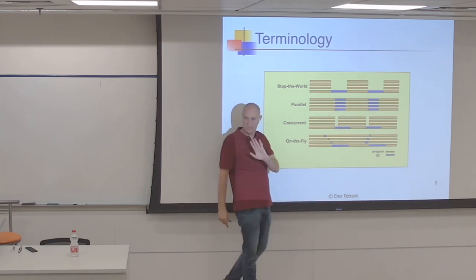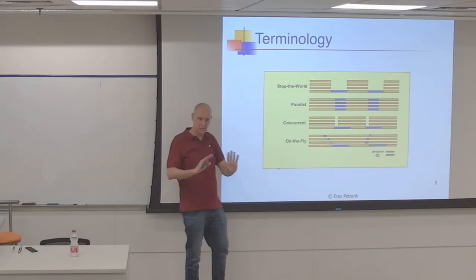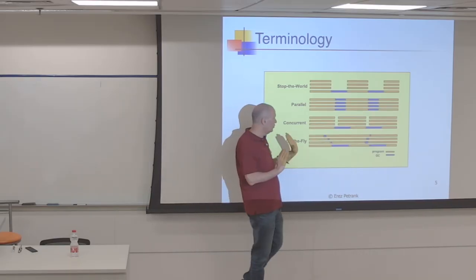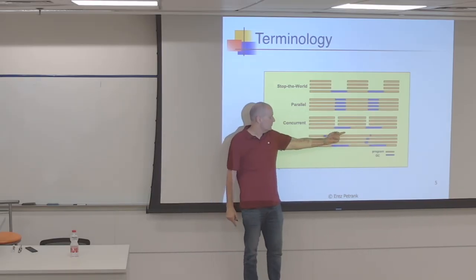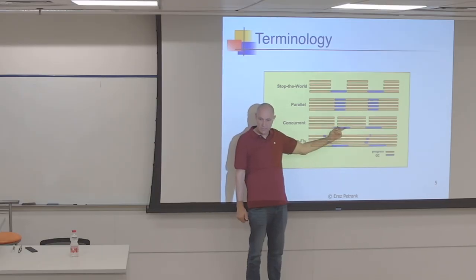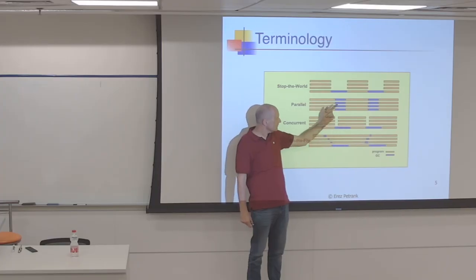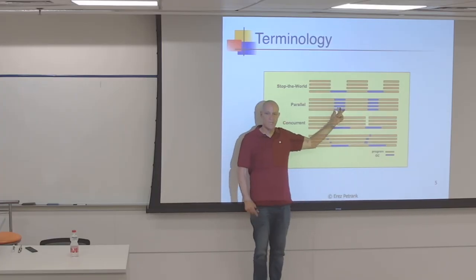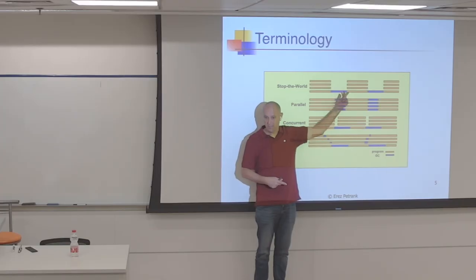It's not a definition of the English words, it's just how it is used for garbage collection. Concurrent garbage collection means the collector runs concurrently with the program. Parallel garbage collection means the collector runs in parallel to itself.